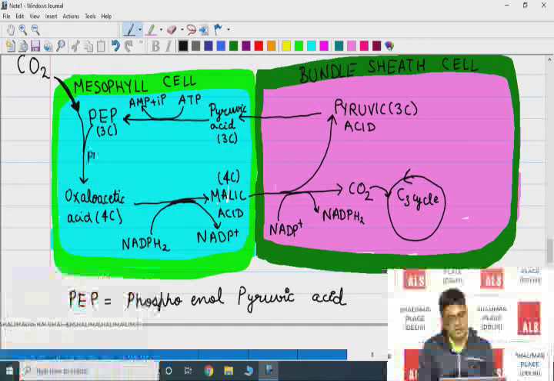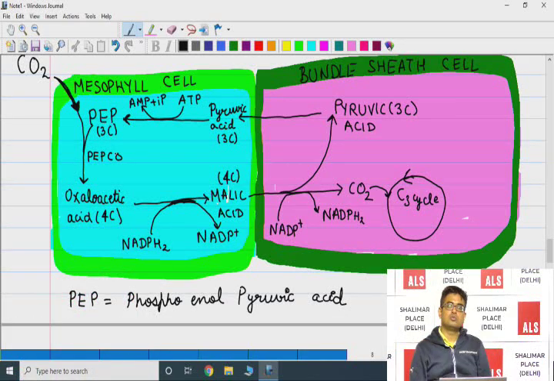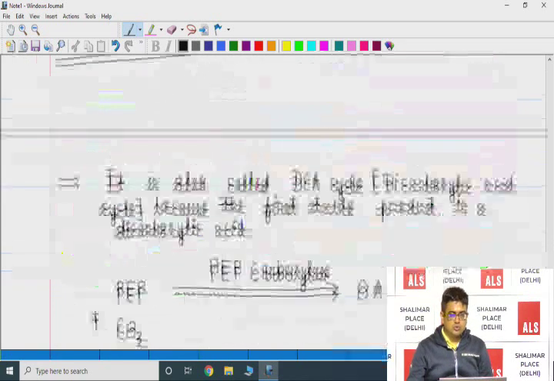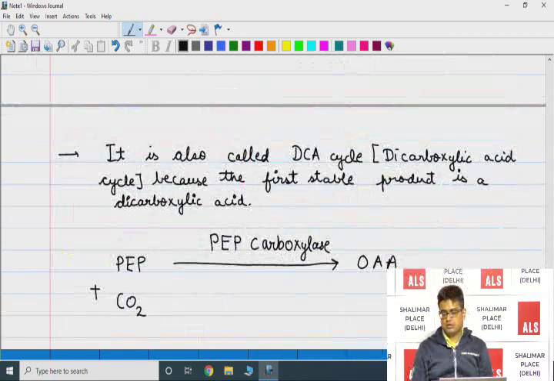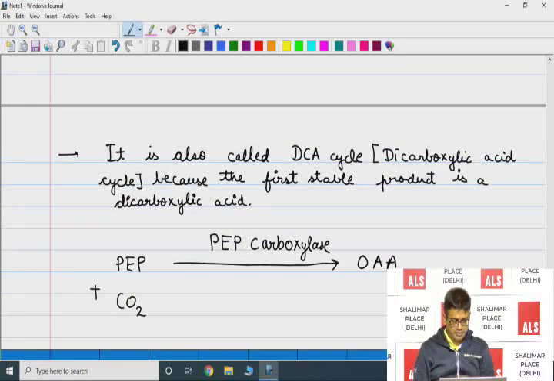In short, you can write it just like PEPCO. Because of less space, I did not write it. PEPCO is the name of the enzyme.